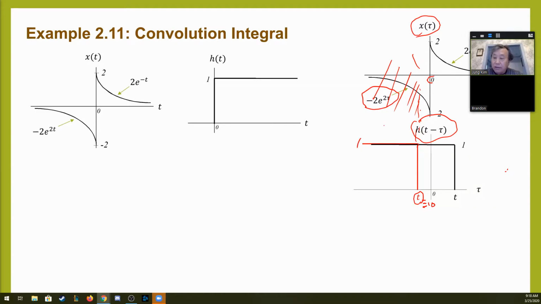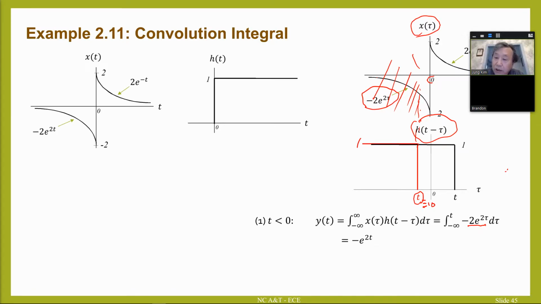So the calculation is 1 times minus 2 e to the 2 tau, and the integration range is the overlap area, from minus infinity to t. So far it's okay. Yes, I get that.